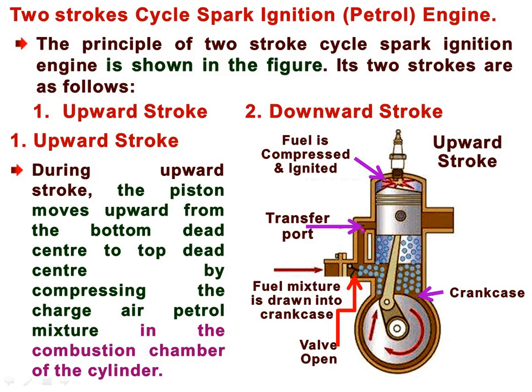Whatever charge was introduced earlier is compressed in the upward stroke of the piston traveling from bottom dead center to top dead center. Here the fuel is petrol because we have the two stroke cycle, so the air and petrol mixture is compressed inside the cylinder during this upward stroke.